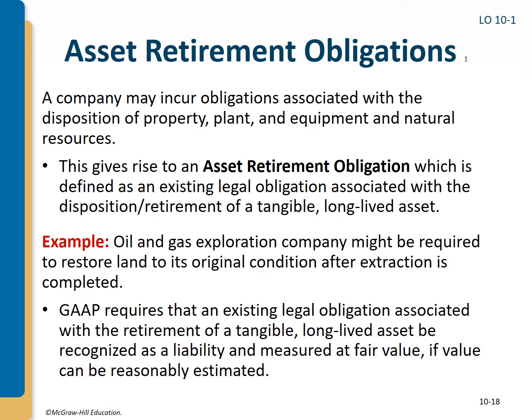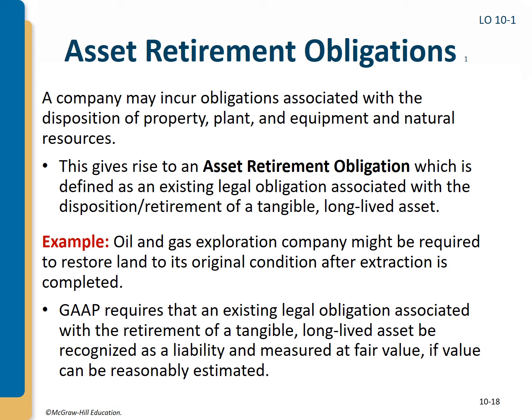So an asset's retirement at the end of its life is a liability that's caused because it's done being used. This is defined as an existing legal obligation associated with disposition or retirement of a tangible long-lived asset. So an example: an oil and gas exploration company might be required to restore land to its original condition after extraction is completed.